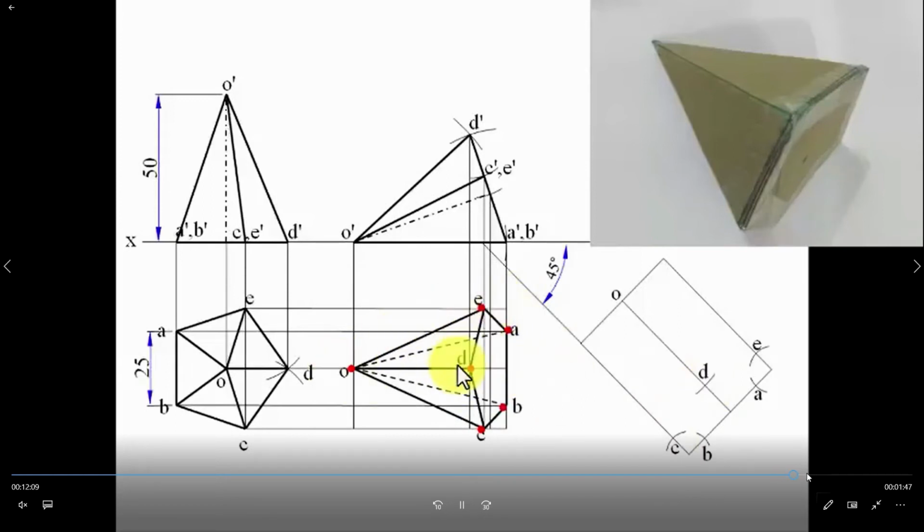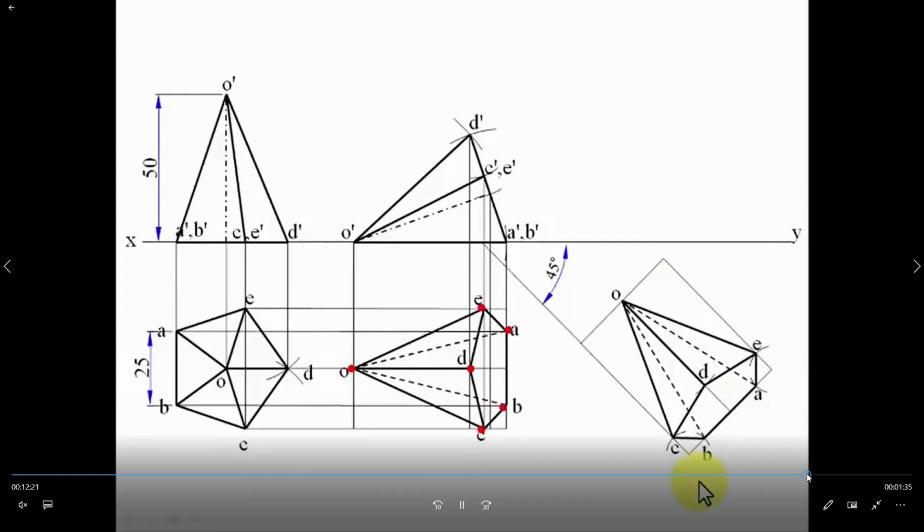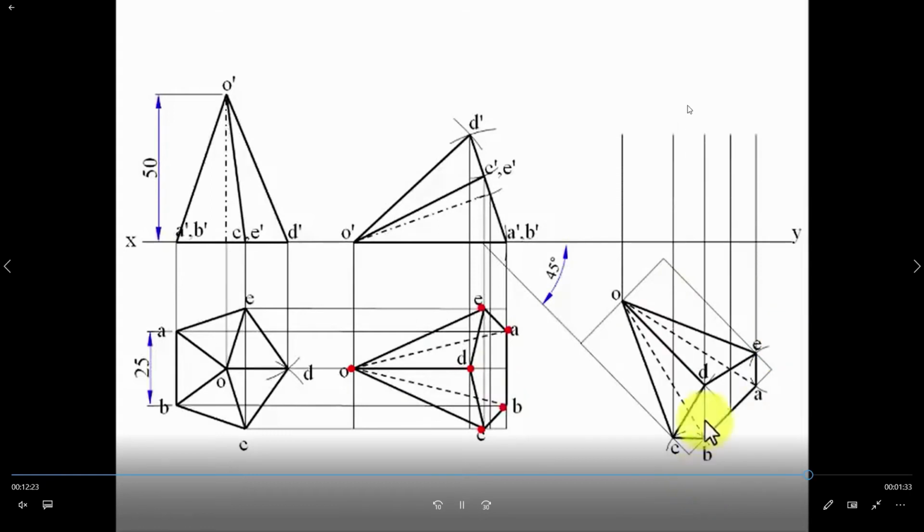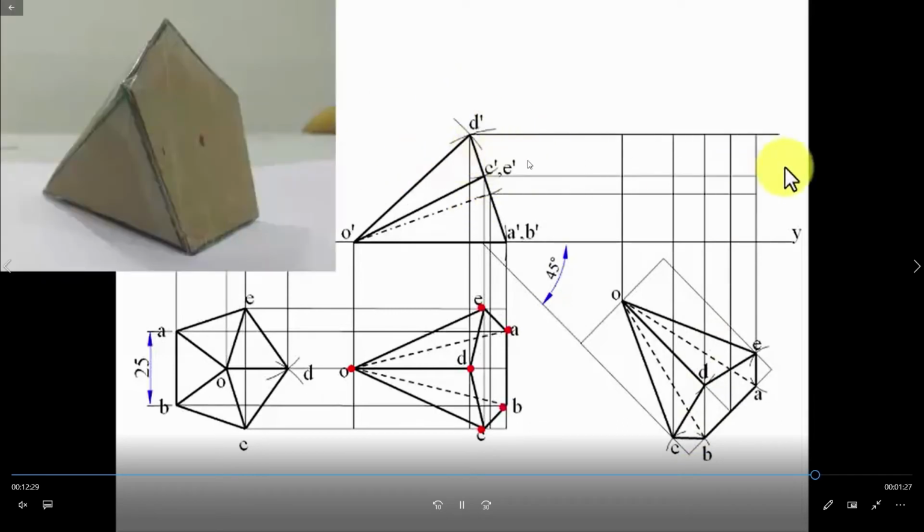And you draw the pentagon in this way. Now extend the reference line here, and this side here also. From second stage front view to third stage top view, you draw these lines.